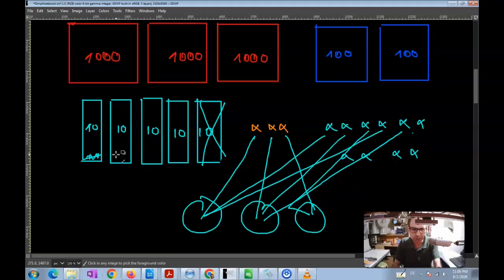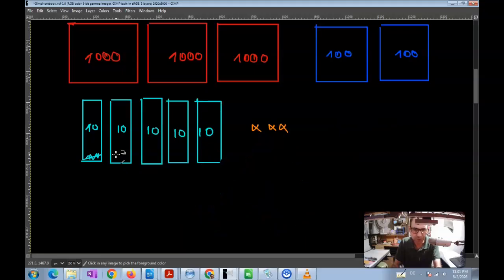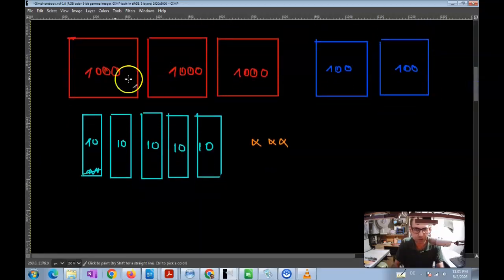Another way that I can do this is by going for the largest groups that I have, right?